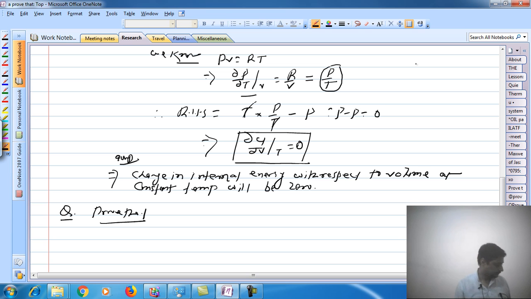Prove that del H by del P at constant temperature is equal to V minus T del V by del T at constant pressure. We have to prove this equation.